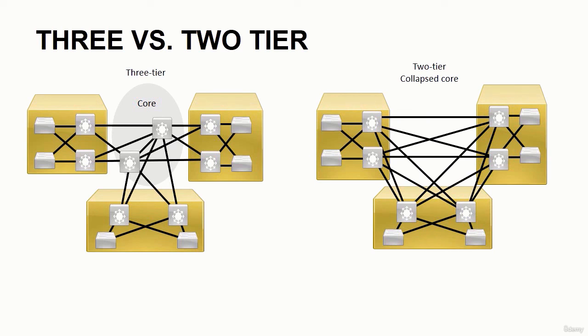So in the two-tier design, it might be more cost-effective for smaller networks, but as the network grows in the two-tier design, the distribution layer port density grows exponentially, increasing cost and complexity. At some point, the two-tier design will actually become more expensive than the cost of having dedicated core switches in the three-tier design if the network scales large enough.